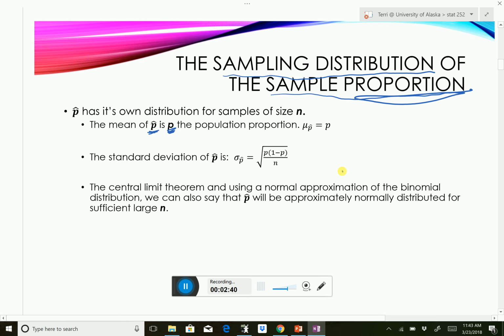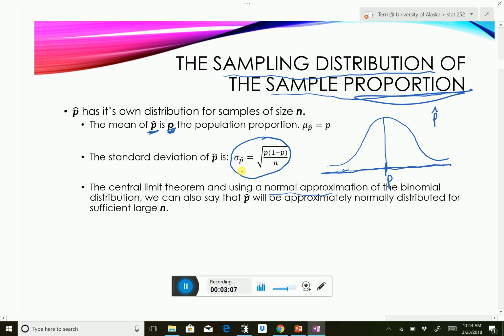So this becomes almost normal, and skipping ahead a little bit, by the central limit theorem, you can use a normal approximation of your binomial, and this can be p hat, with the mean being p, and here's your standard deviation.